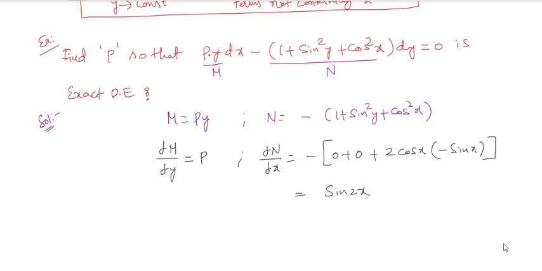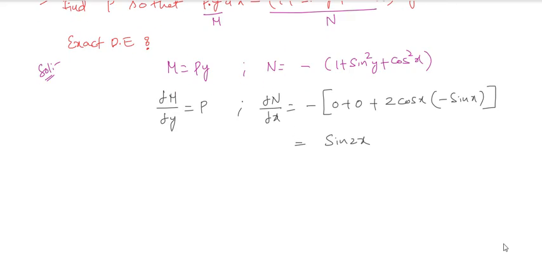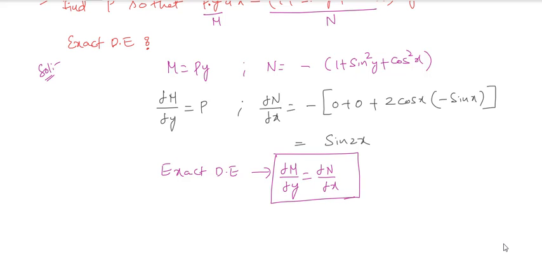In the problem itself they have given it as an exact differential equation. If it is exact, dou M by dou y is equivalent to dou N by dou x. So just substitute this. If these two are equal, what is the value of p?